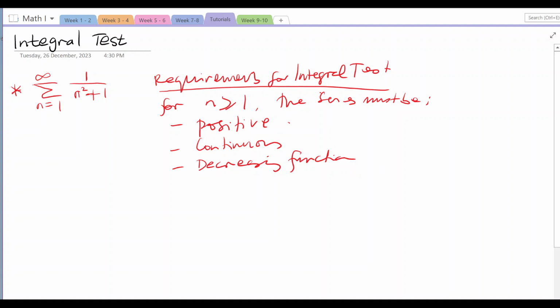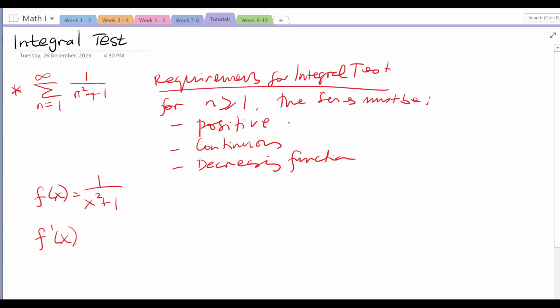If it is a function of x, 1 over x squared plus 1, we can put n here, the same thing. So what is the derivative of this function for x greater than or equal to 1?